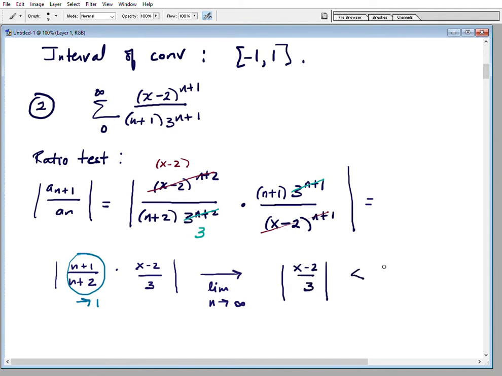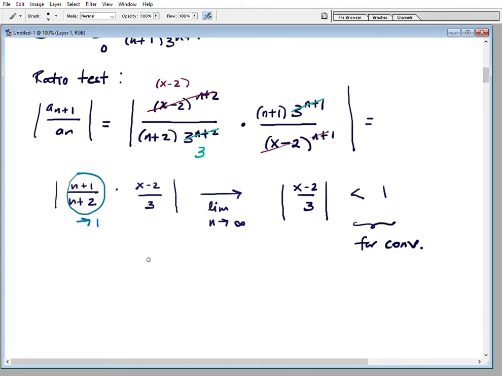So we need less than 1 for convergence. So this is what we have: |x - 2|/3 < 1. Or multiplying both sides by 3, we have |x - 2| < 3.